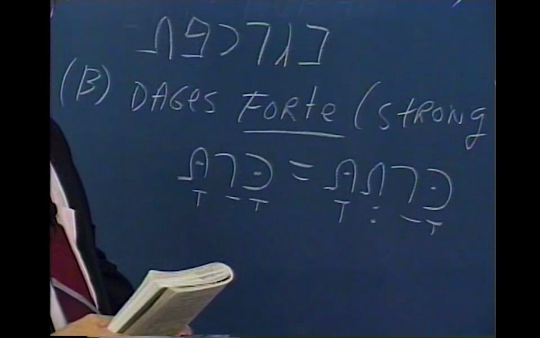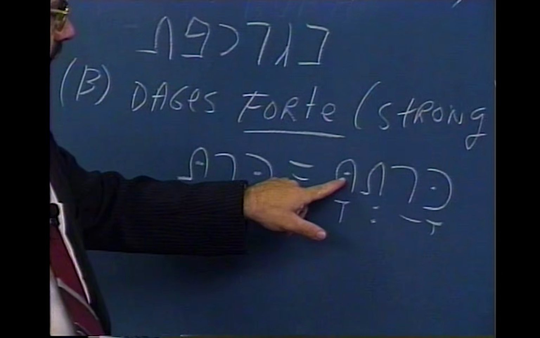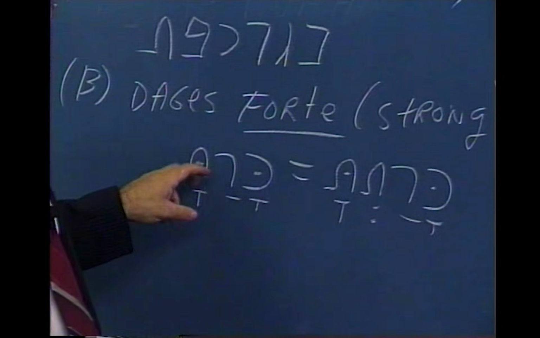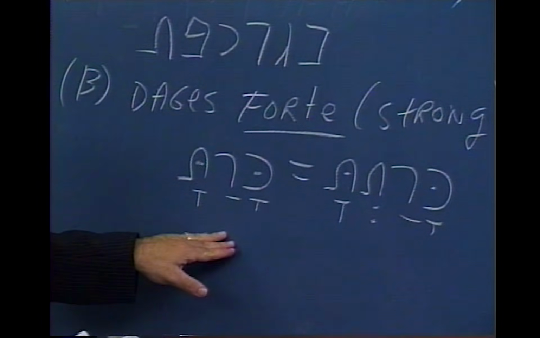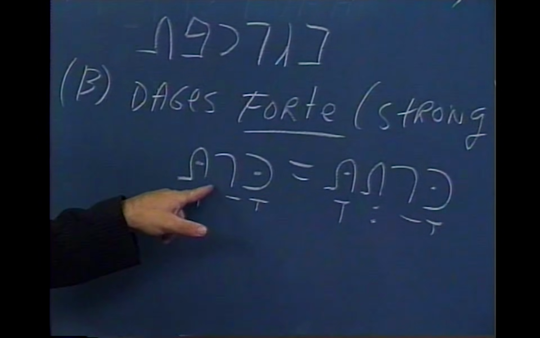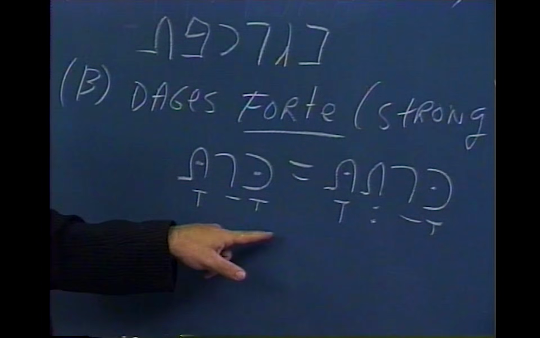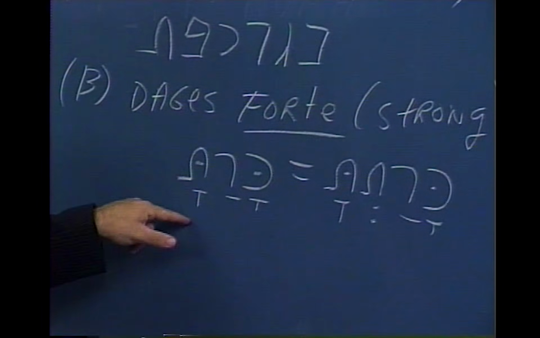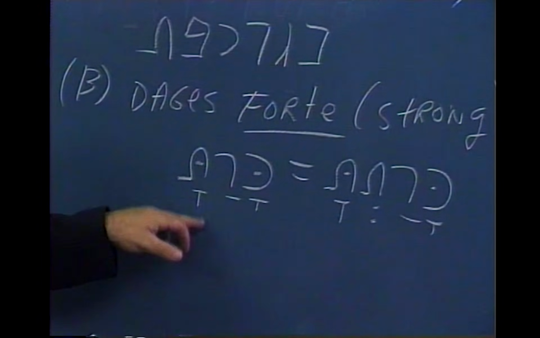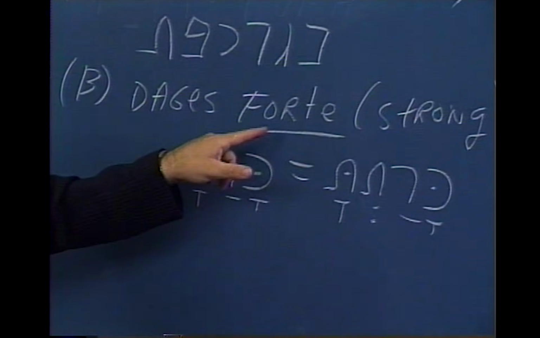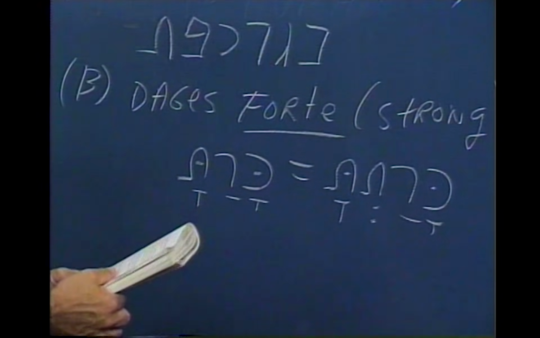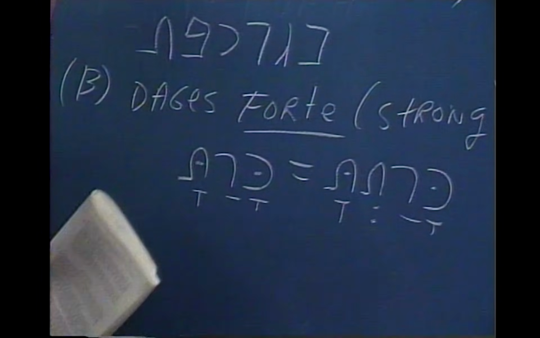And so they said, well, let's just make this dot stand for the two letters that occur together. And so when I see this doubling dot, I would pronounce it ka, rat, ta. So I do it twice. And that's the dagesh forte. The dagesh forte, the strong, is what is called the doubling dot.